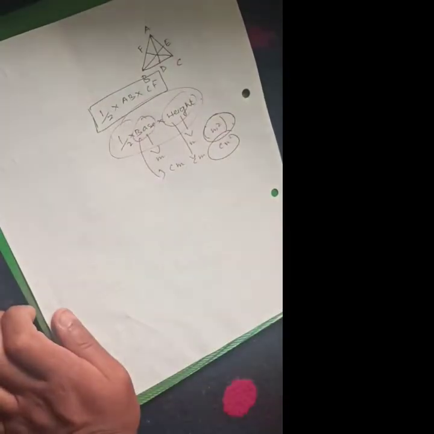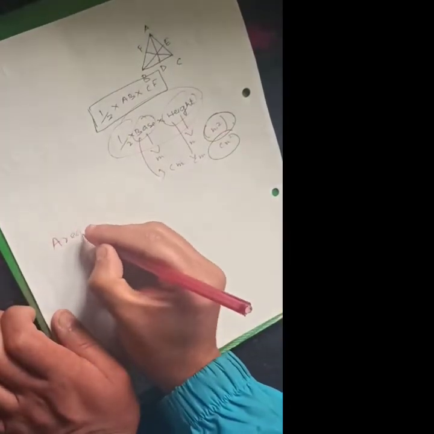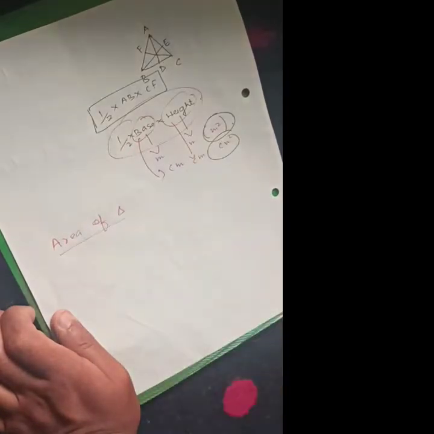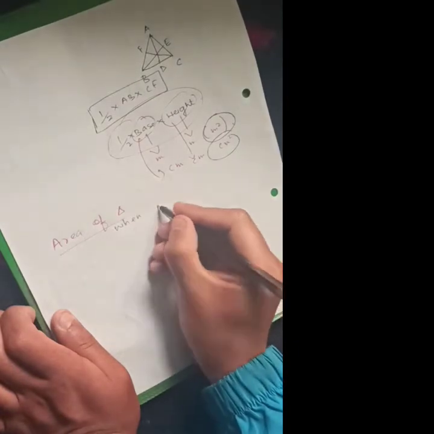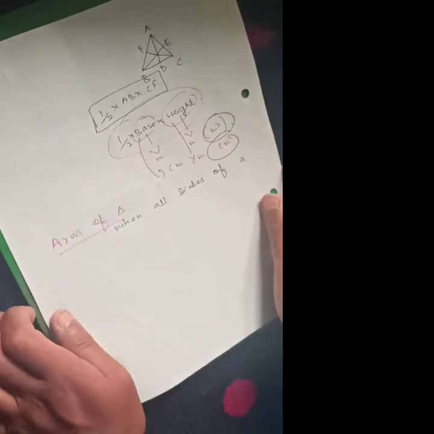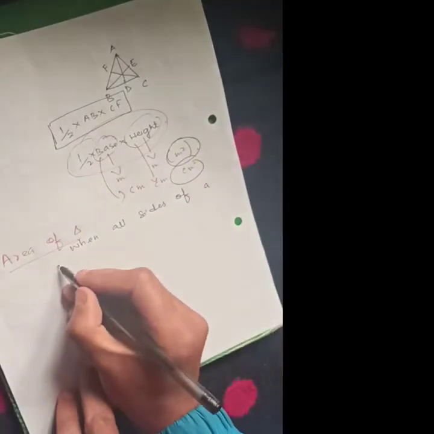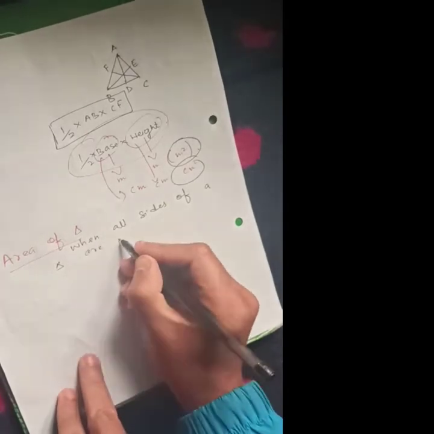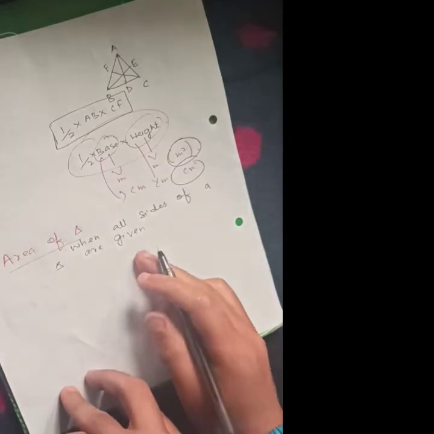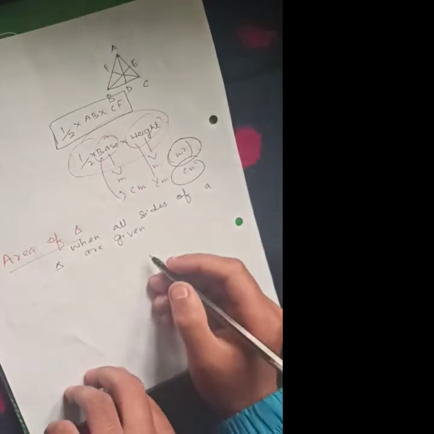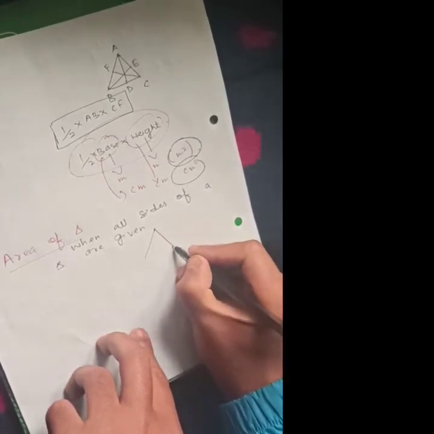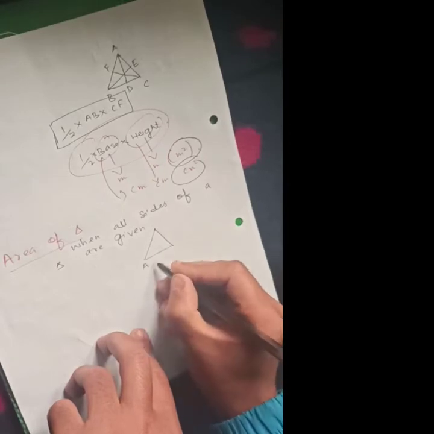Let us know the area of triangle when all sides of a triangle are given. उस ट्रायंगल का एरिया कैसे निकाला जा सकता है जब ट्रायंगल के साइड्स दिए गए हैं? So firstly let us assume a simple triangle here ABC.